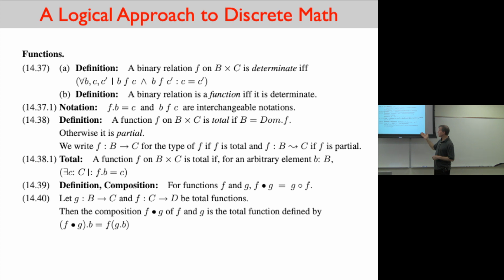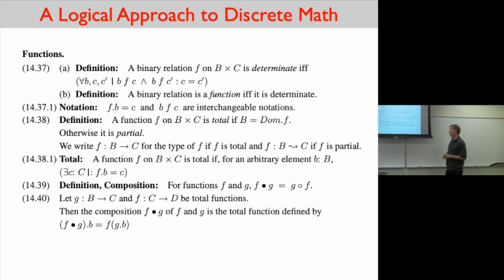It says a function f on b cross c is total if, for an arbitrary element little b in big B, there exists a C such that f dot b equals C. That is a Boolean, either true or false. If that's true, then it's total.